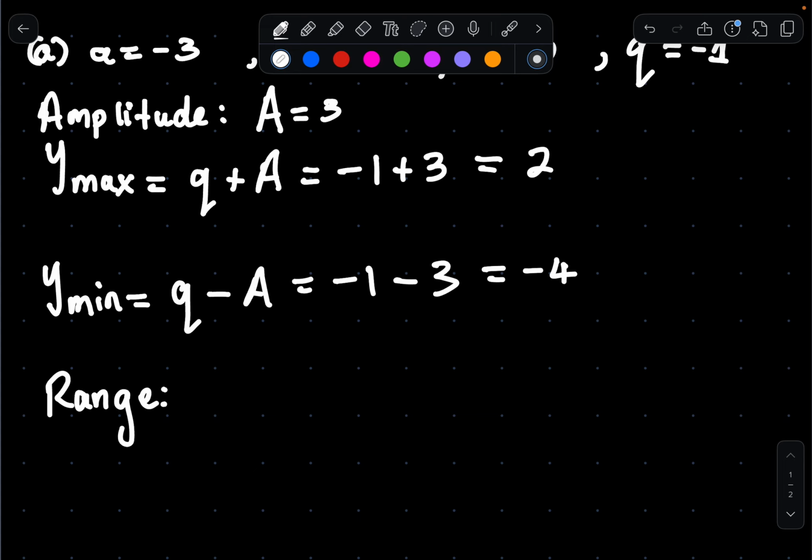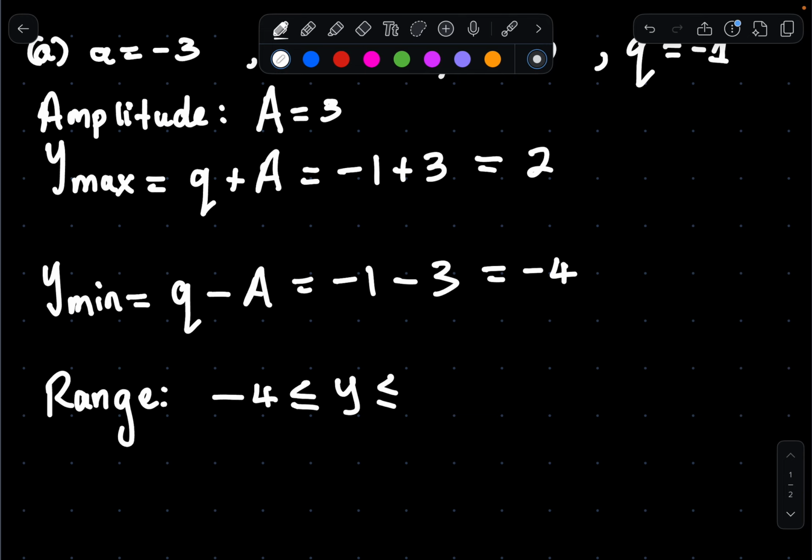Then from there, we can easily get the range. For the range of a function, you must get the minimum value and the maximum value, because the range runs from the minimum to the maximum. So this is how we're going to write the range: from the minimum, less than or equal to the y value, less than or equal to the maximum. Remember, range refers to the y values.